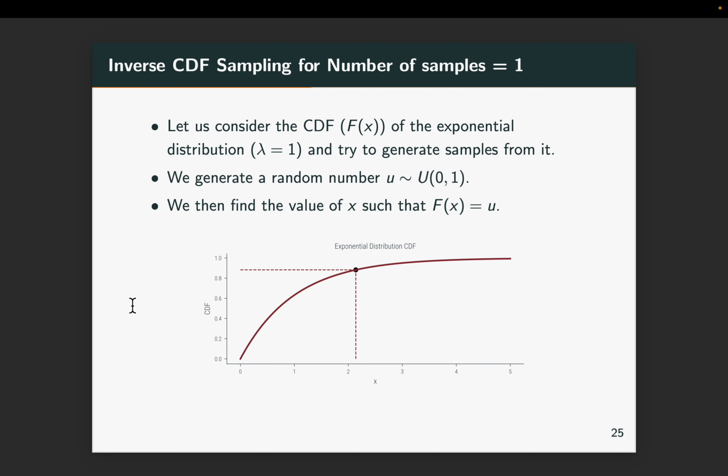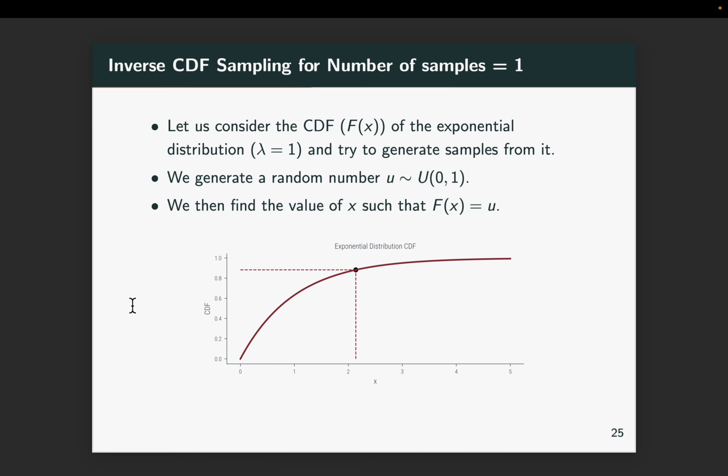I take that 0.9, I map it to the CDF, see where it cuts the CDF function, and correspondingly find the x corresponding to that value. So I take the value, I find the inverse of the CDF at that value.